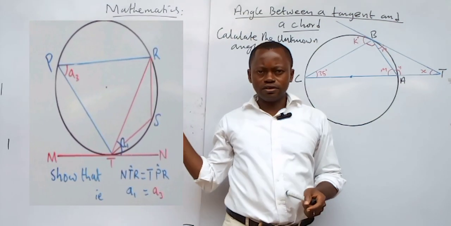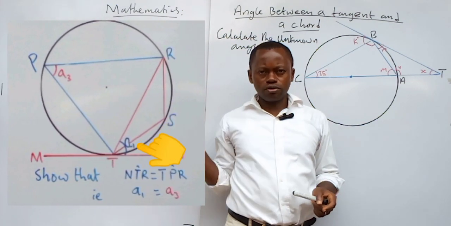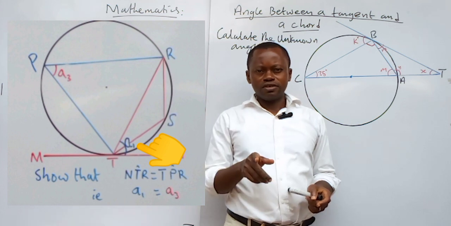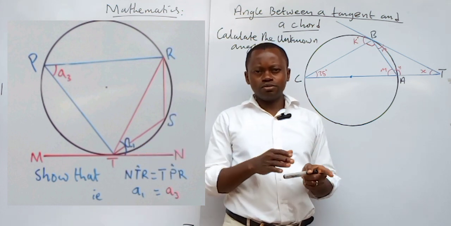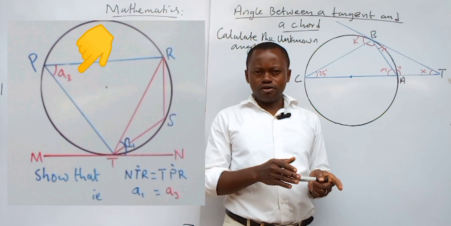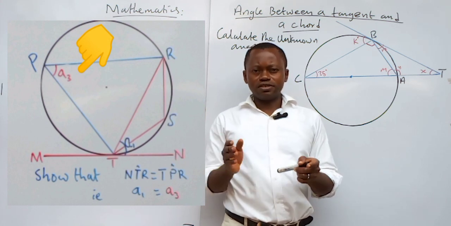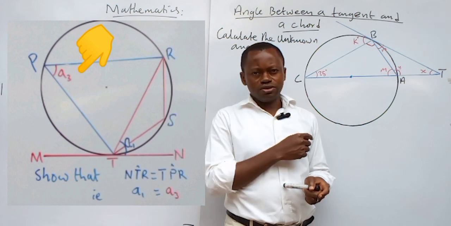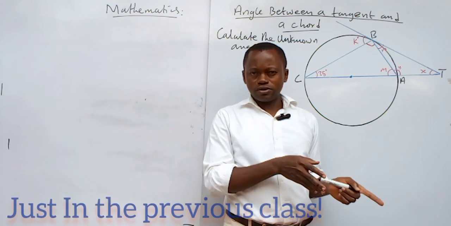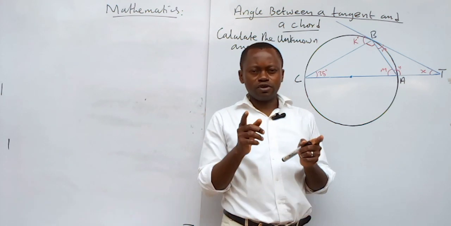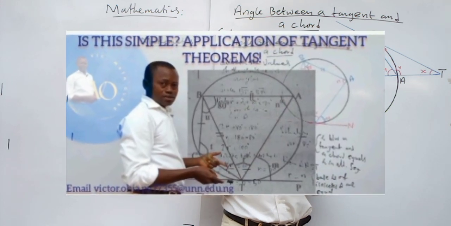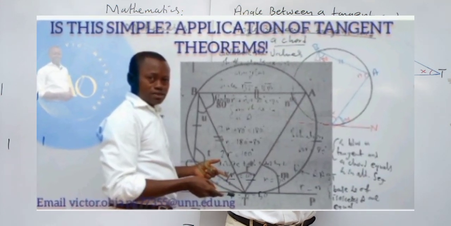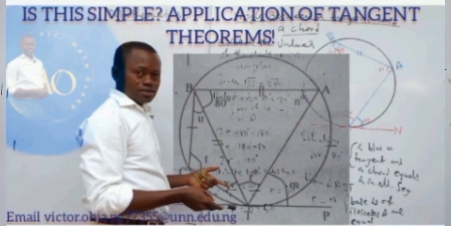We have done a theorem on a tangent that says the angle between a tangent and a chord is equal to the angle in the alternate segment. That theorem is important. We are going to be making use of it here and other ones. So please, if you have not looked at the previous classes, you can still check out those classes so that you can follow what we are doing currently.